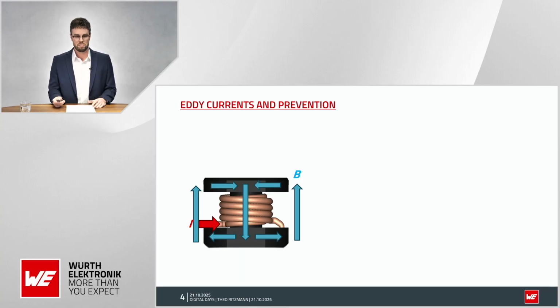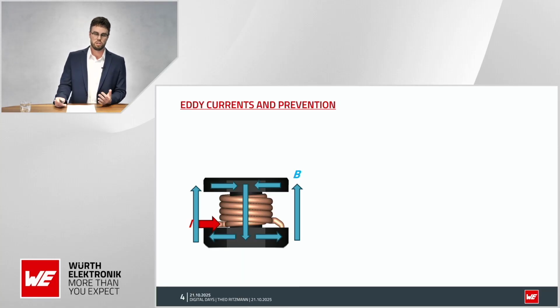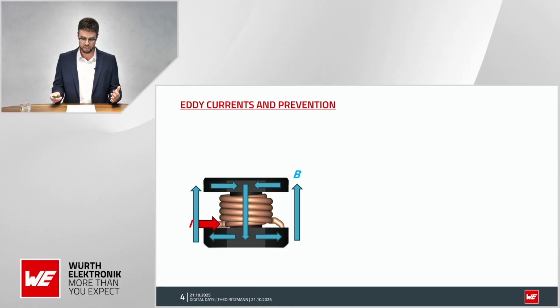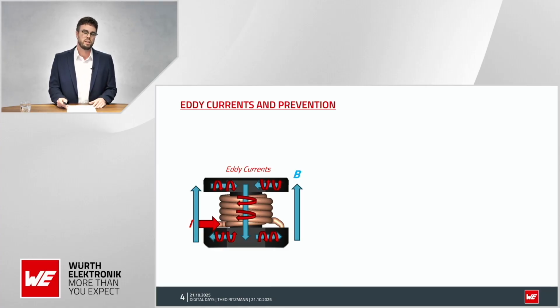And if the current is changing, or if we have an alternating current, then this magnetic field will again create currents, the so-called eddy currents, inside the material of our inductor. And these extra currents will cause, for sure, additional losses, additional heating of the product.